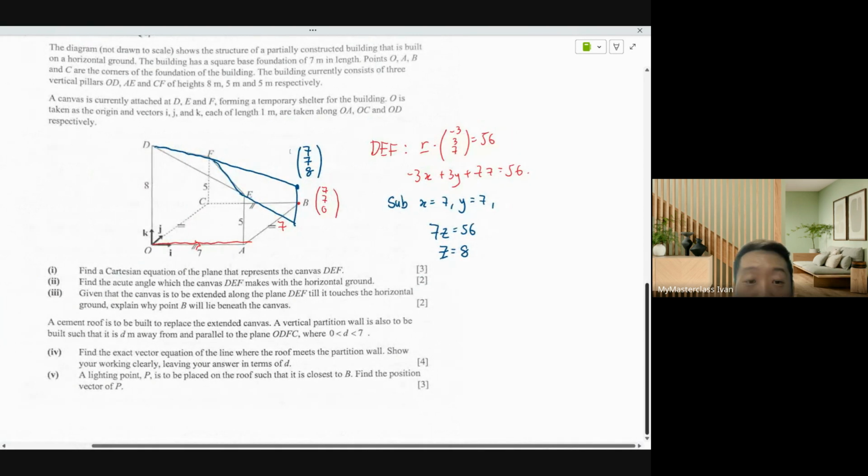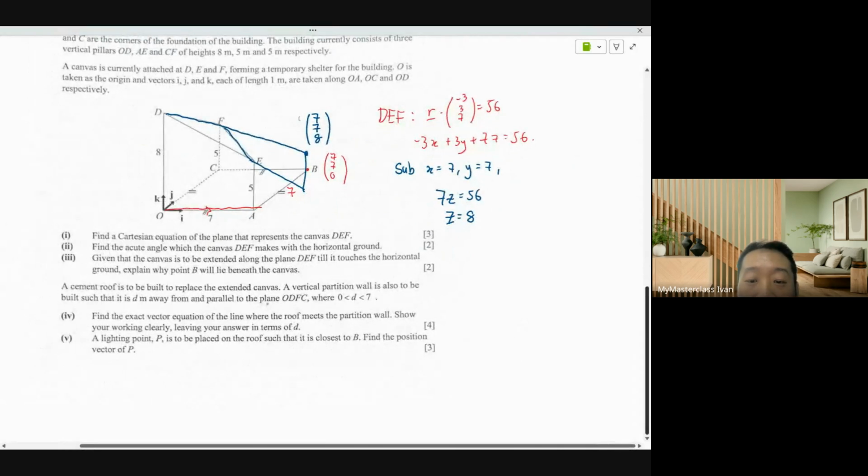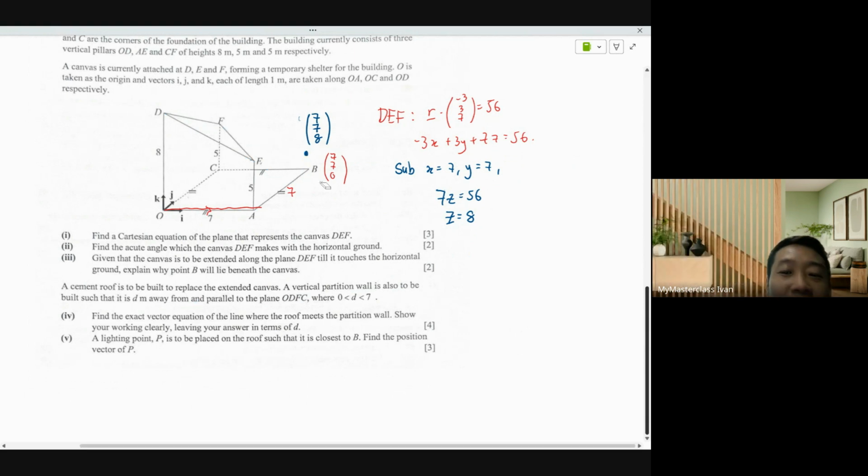Okay, now, a cement roof is supposed to be built to extend the canvas. A vertical wall is also to be built d-meter away and parallel to here. This is a little bit hard to visualize. Can you see this is the plane here?